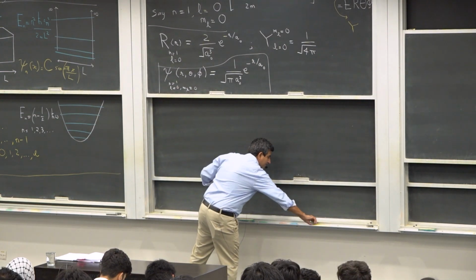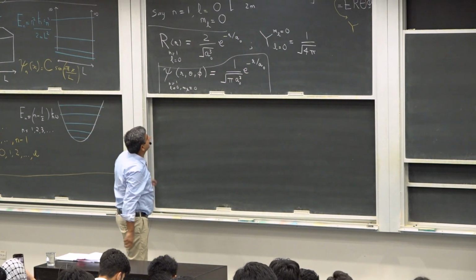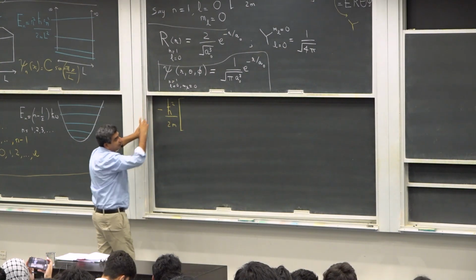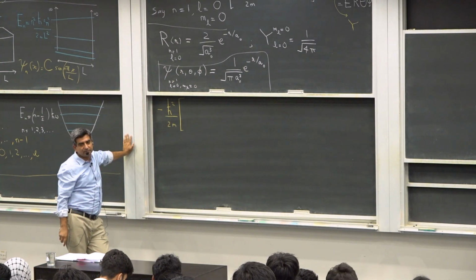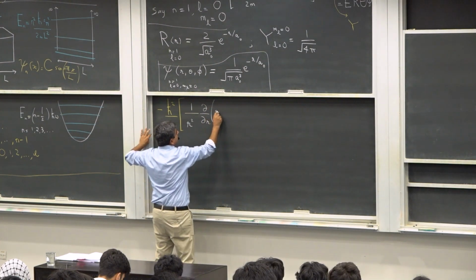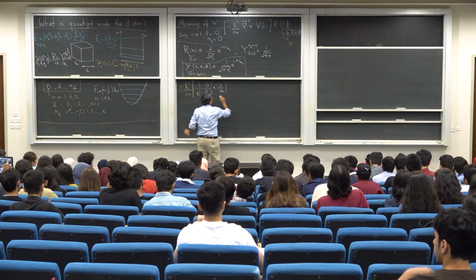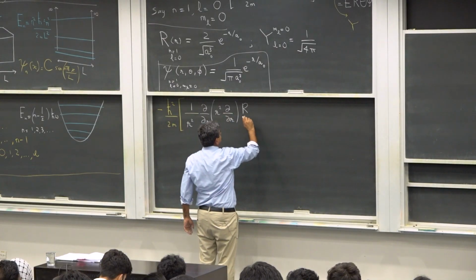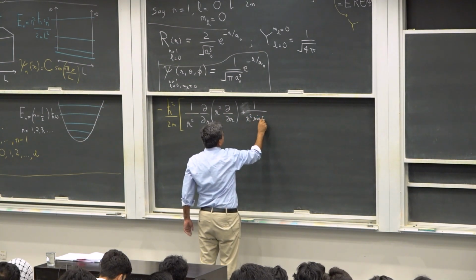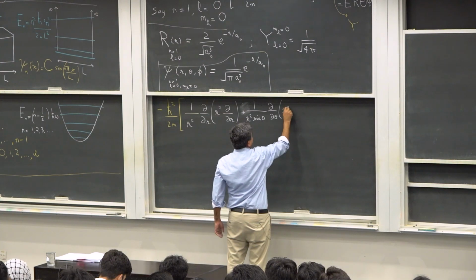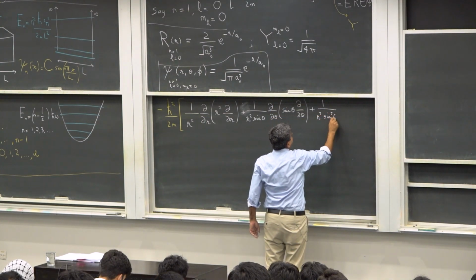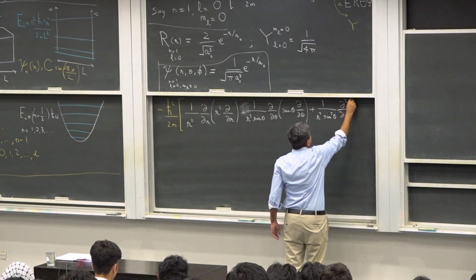In order to verify that this is a solution, I would need to write down the expression for del squared in polar coordinates, and that expression is 1 over r squared, the derivative with respect to r of r squared times the derivative with respect to r, plus 1 over r squared sine theta, the derivative with respect to theta of sine theta times the derivative with respect to theta, plus 1 over r squared sine squared theta, the double derivative with respect to phi of the function.